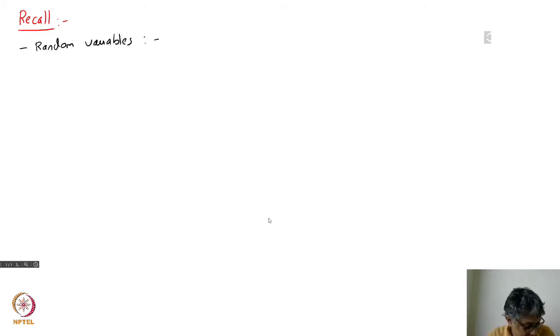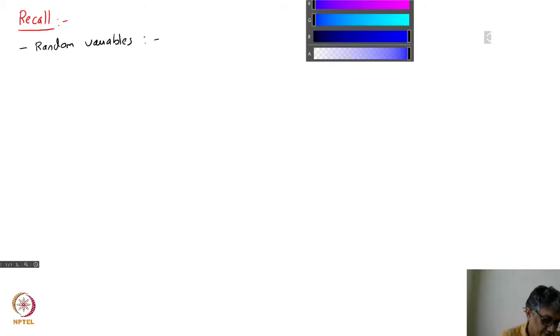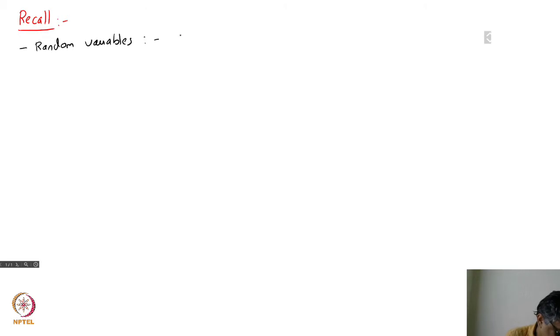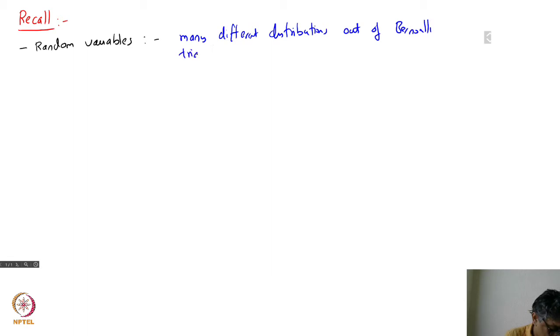So we were doing random variables, and the reason we started random variables is the following: previously we were doing many different distributions, and they were all developed out of Bernoulli trials, right? That's one thing.